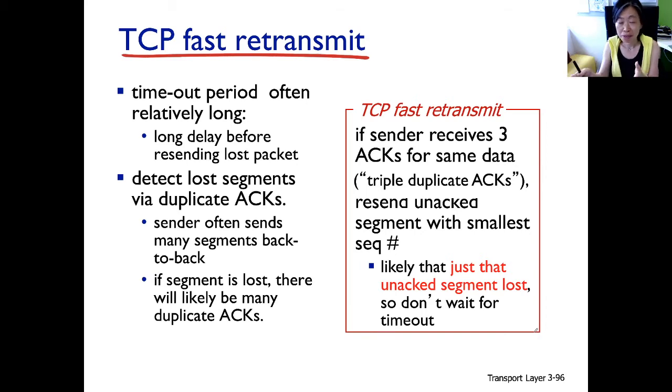Because the TCP sender actually considers a timeout event to mean the network is congested. Now this is very reasonable when there is congestion. The TCP sender here, being a pipelined RDT, often sends segments back to back into the network, hitting the congestion point. Router there, buffer full, no more space.